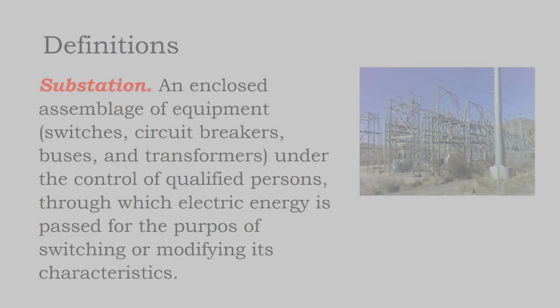And then we get another definition: an enclosed assemblage of equipment, switches, circuit breakers, buses, and transformers under the control of qualified persons, through which electric energy is passed for the purpose of switching or modifying its characteristics. Now that's what these substations will take your high voltage lines that are coming from the power plant and then convert that into medium voltage that'll go out to your communities.